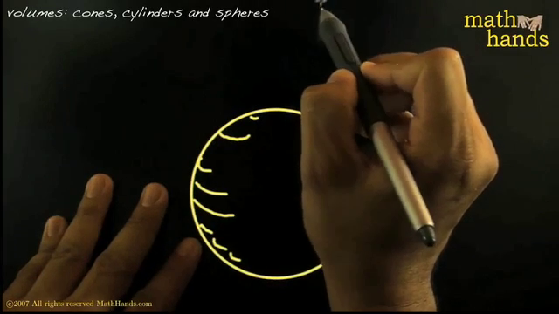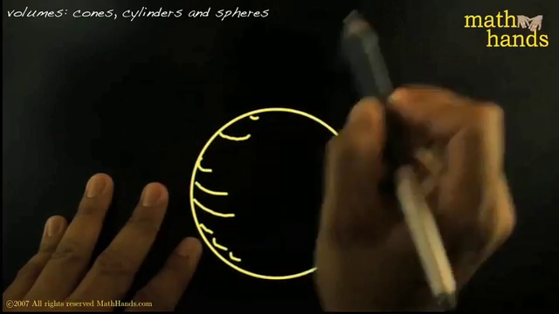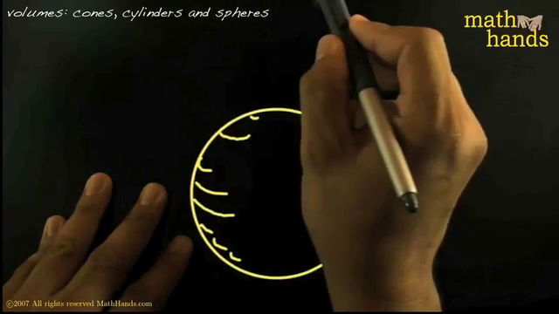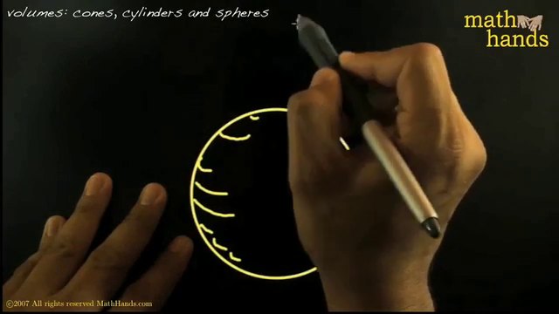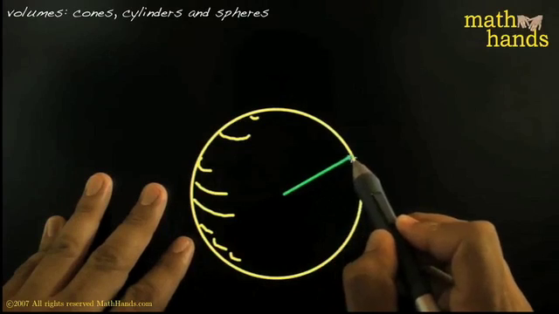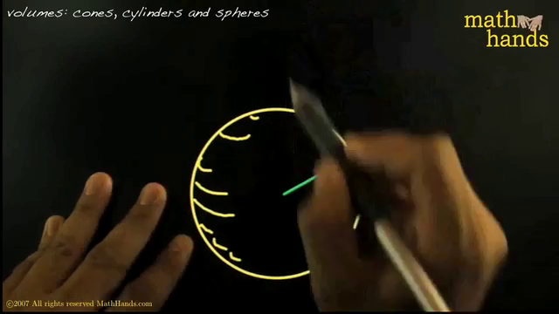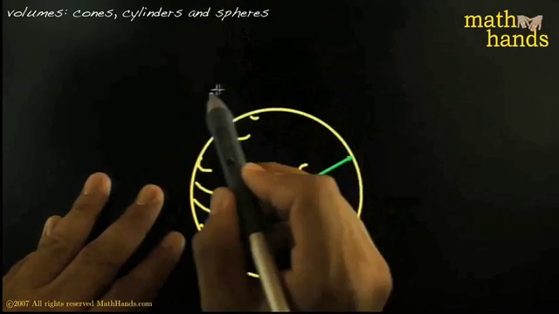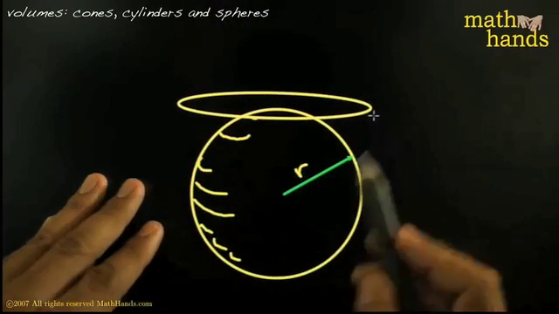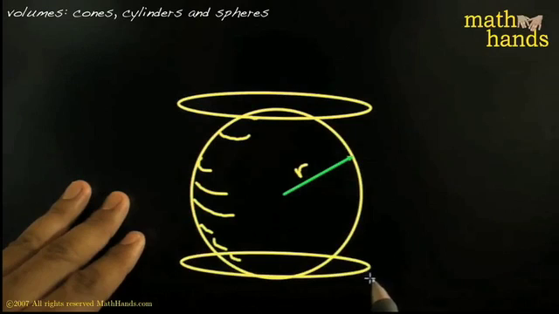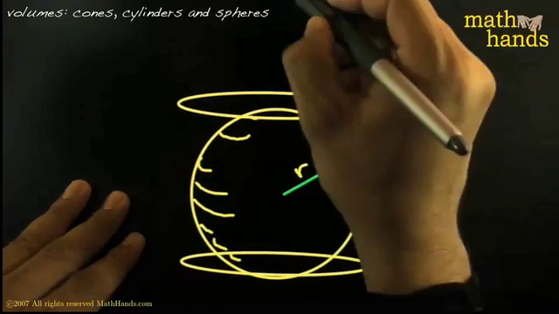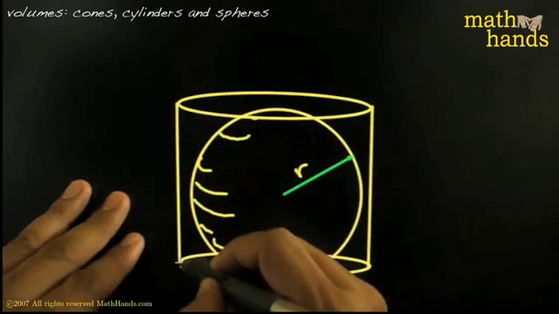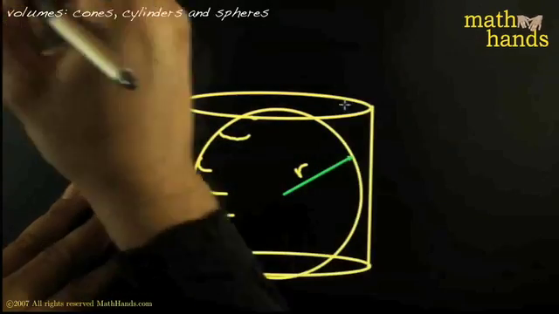The sphere, such as this one with, let's say, radius R, or consider the following. What if you had a cylinder shaped as such, where the sphere was completely inscribed in there?